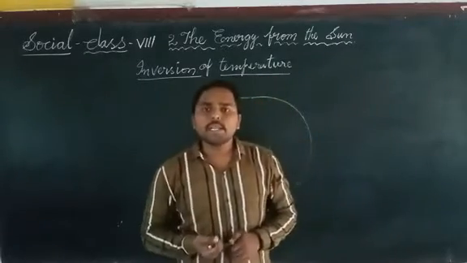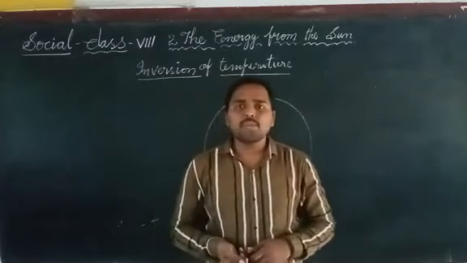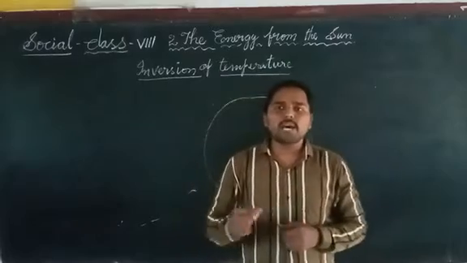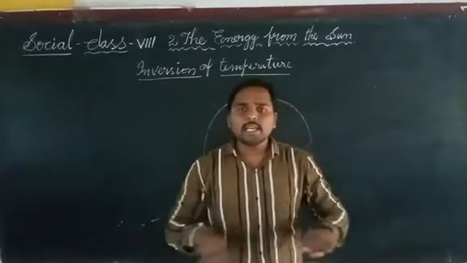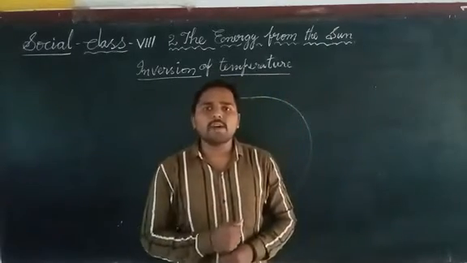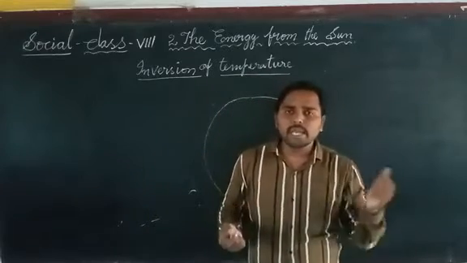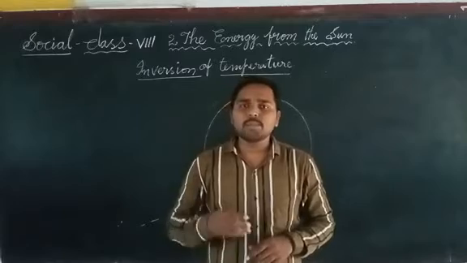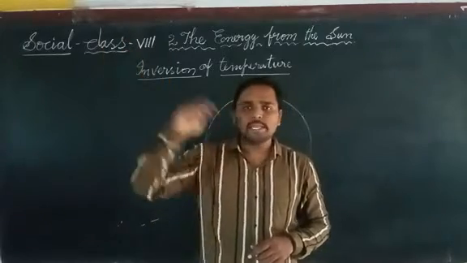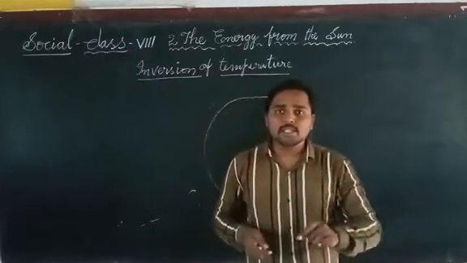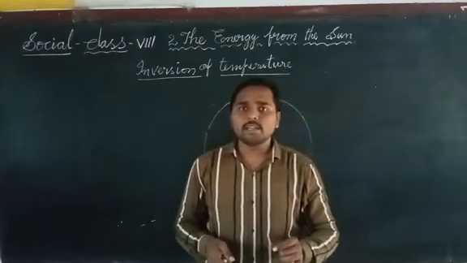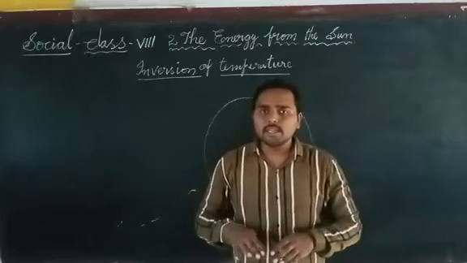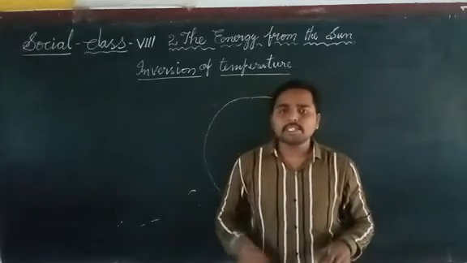During the winter mornings, there is very low temperature near the surface of the earth. How is it possible? In the previous class we discussed that the temperature on the surface is very high as we move from the surface of the earth, because the radiation is going from the surface of the earth.